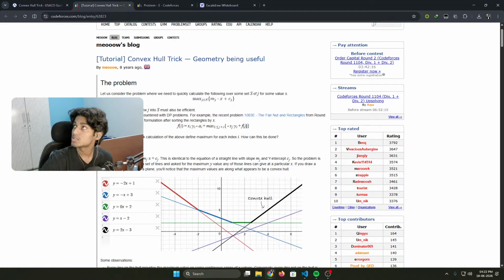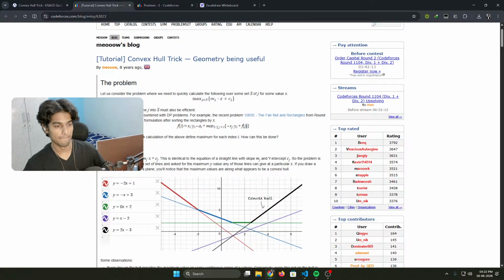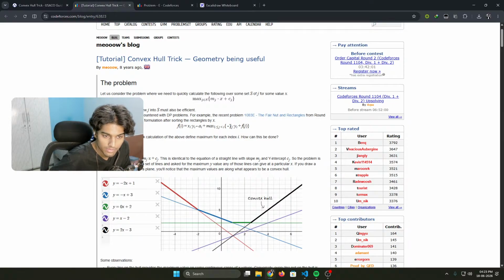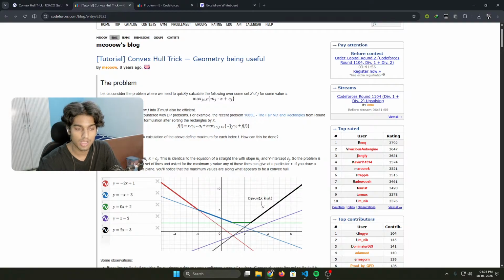So this must be some... What is x of j? That is some other values. Yep, x coordinate. That is some other values, y. How does this help? What is f of j? F of j is the maximum possible. So we know the union is this. Okay.